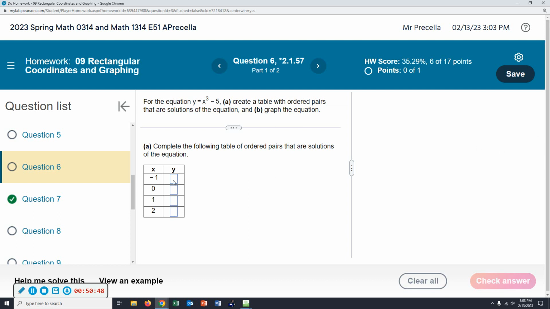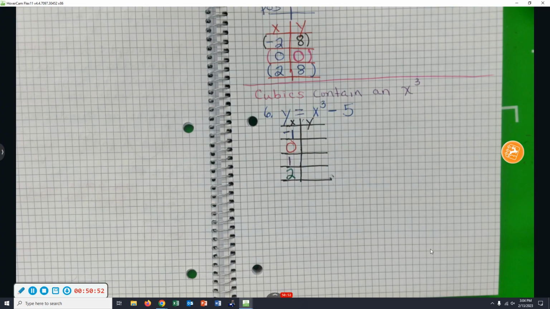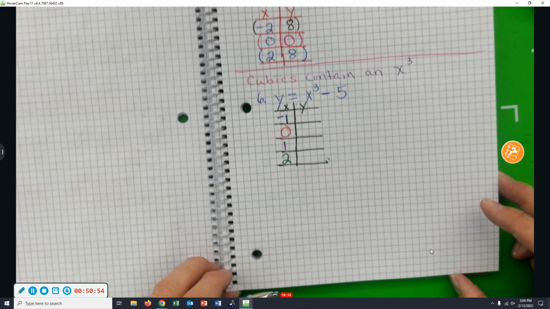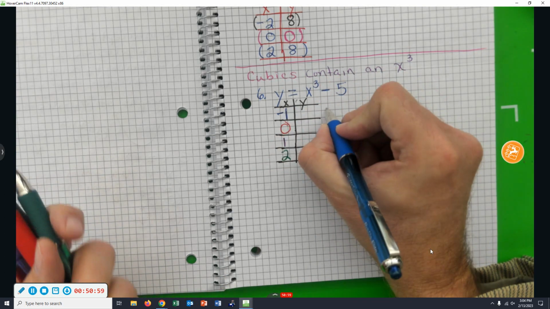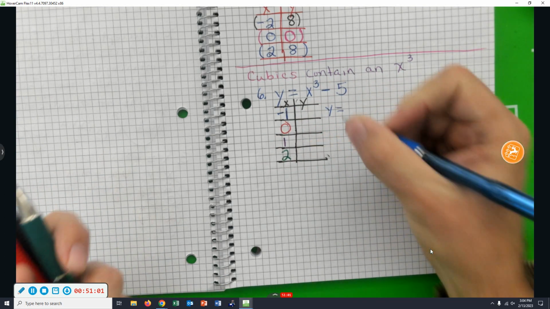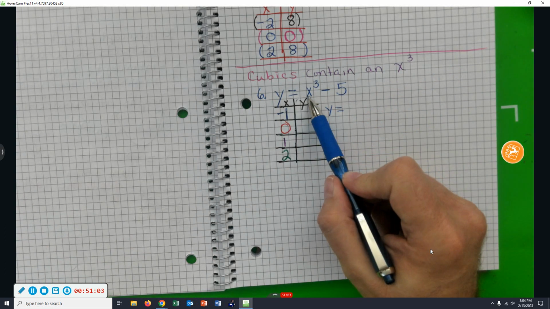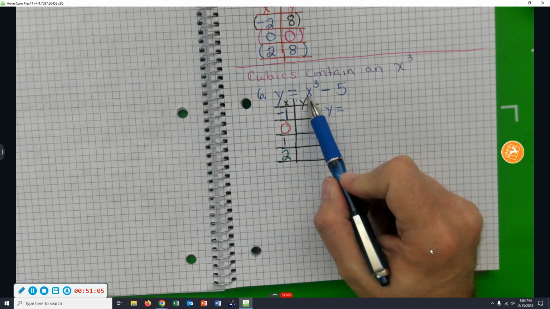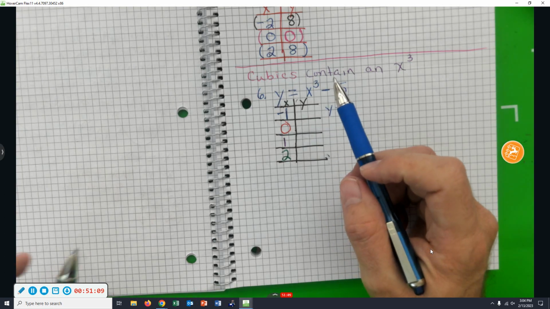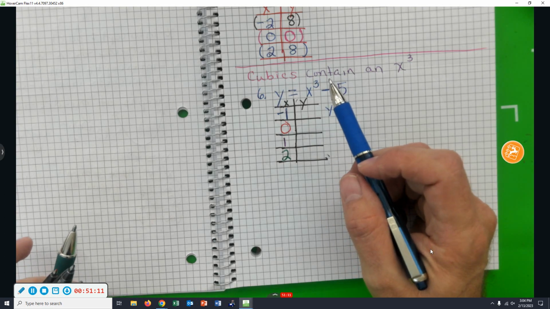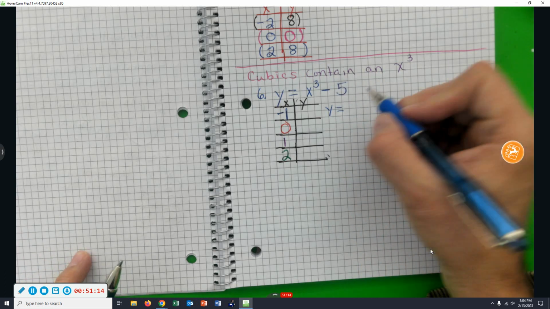Okay. So, start off plugging the -1 in. I'll write it right here. -1 cubed. That's -1 times -1 times -1. Well, -1 times -1 is +1 times -1.